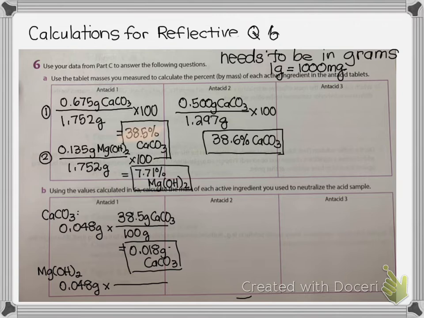So it's 7.71 grams of magnesium hydroxide in 100 grams. That's what a percent means. So that equals 0.048 times 7.71 divided by 100, and I get, it's not very much, 0.0037 grams of magnesium hydroxide was used.